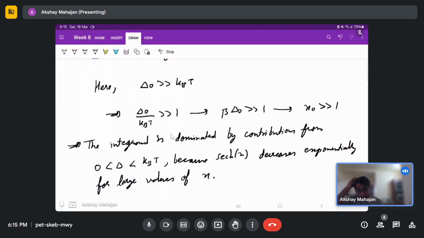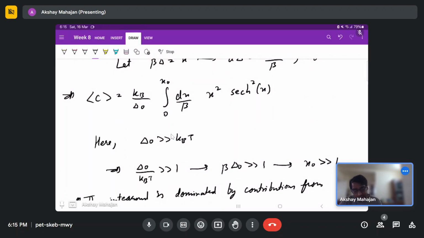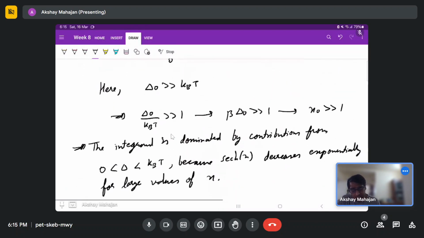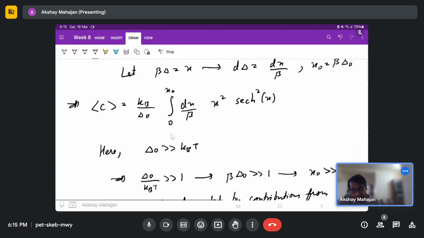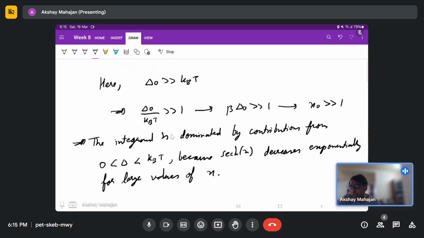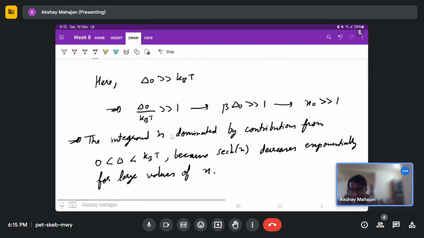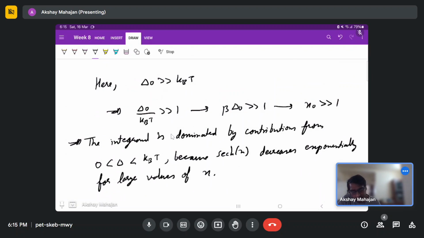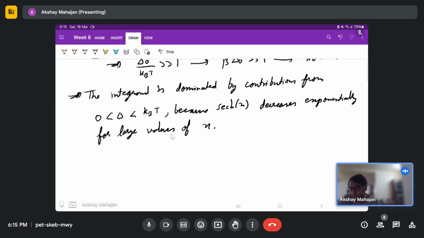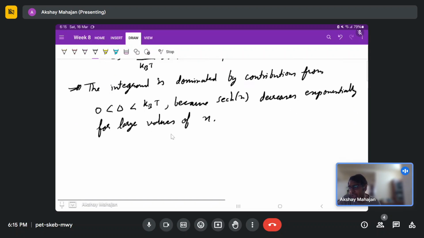So for this, whatever x is, basically some delta. If delta is between 0 and some kBT values, basically smaller values only. So if kBT is very small, only up to this range this can go, and x naught is very large.